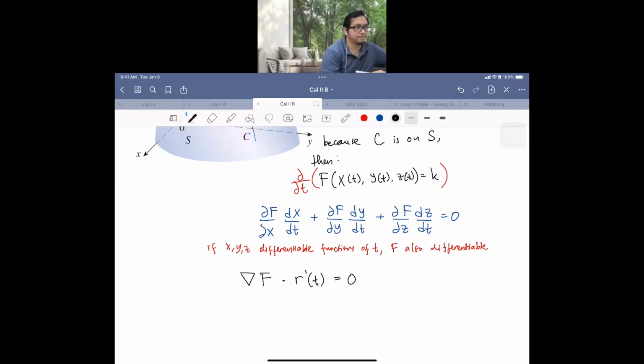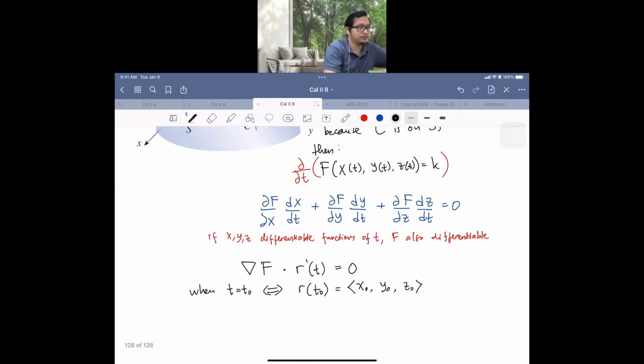And then when t is t0, we have r of t0 as x0, y0, and z0.